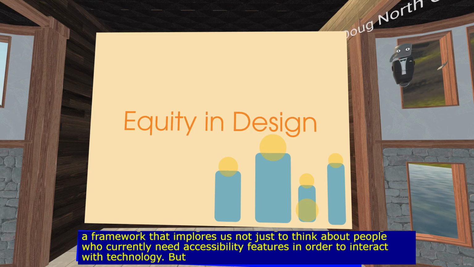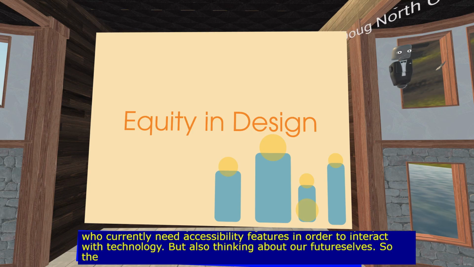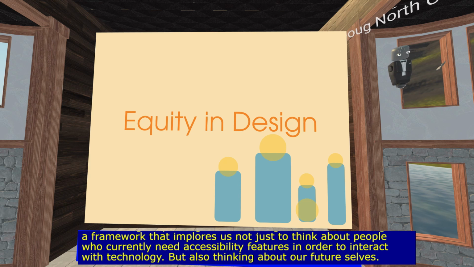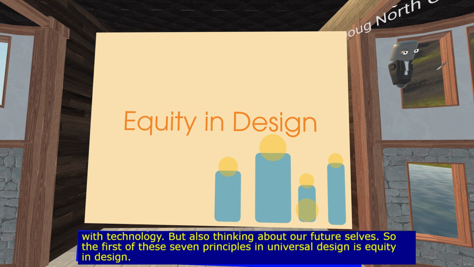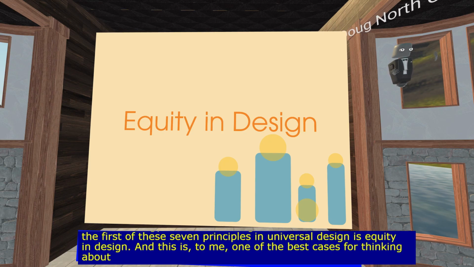So the first of these 7 principles in universal design is equity in design. And this is, to me, one of the best cases for thinking about diversity of team structures when we're approaching difficult design problems.